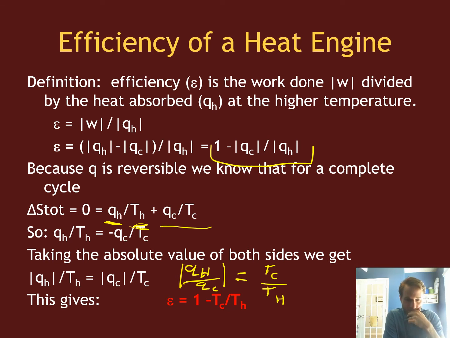And so I can plug that back into my expression up above to get this final expression for a heat engine, which is that the efficiency of a heat engine is just 1 minus the temperature of the cold side divided by the temperature of the hot side. So the more extreme these temperatures are, the hotter your hot side is and the colder your cold side is, the more efficient this heat engine is going to be.